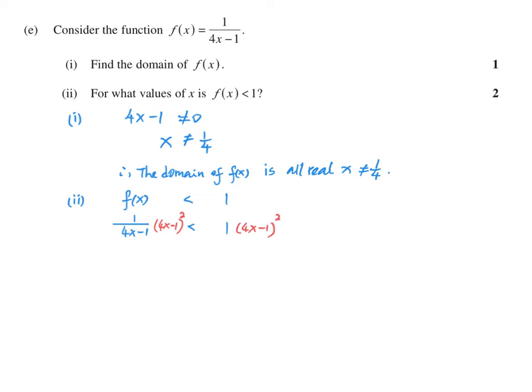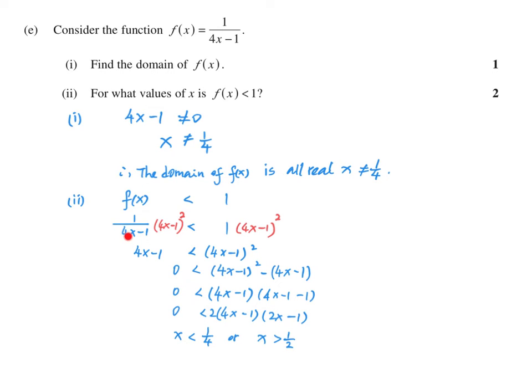A square of a real number is always positive. So if I multiply both sides by (4x minus 1) squared, then this inequality will still hold. The smaller than sign will still hold if you multiply both sides by a positive number.